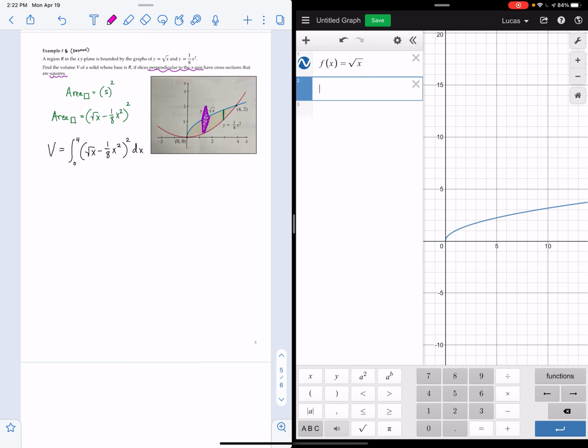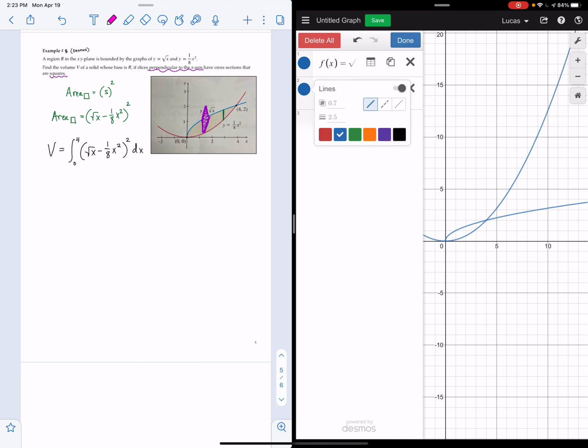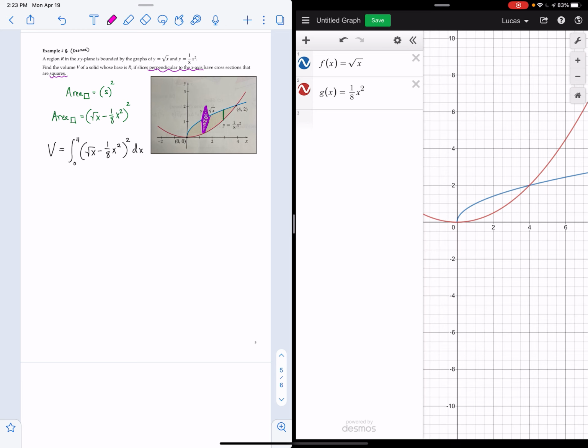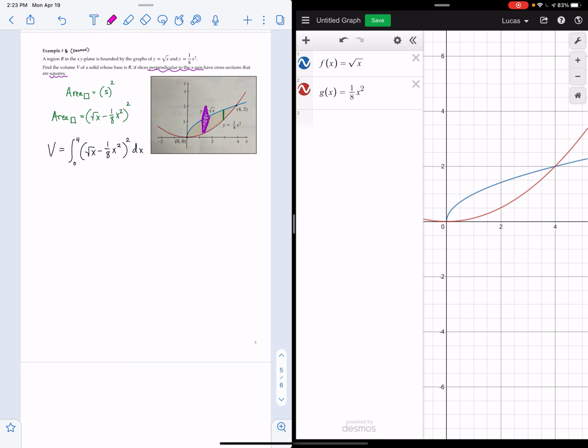And then we have our second function. I like to use g of x equals, let's see, 1/8 x squared. And we are going to make this one red to match our picture. Great. So here is the same picture that we have.